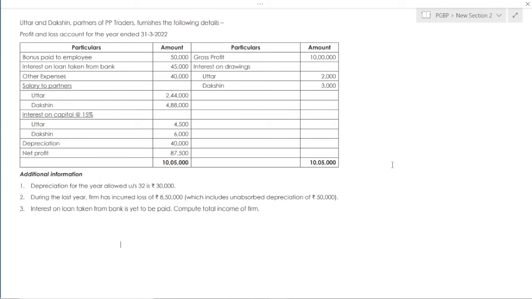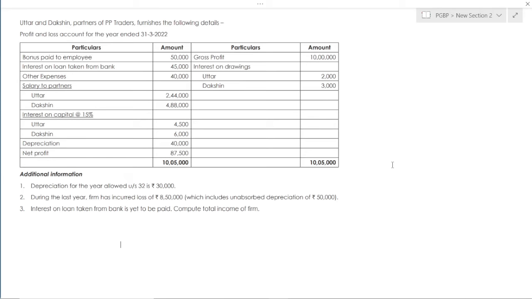Now we have to calculate the total income of the firm. But for computing the total income, we cannot start calculating directly, because there is remuneration to partners. So for that we need to compute book profit, right? Then interest adjustment, that is anyhow small.